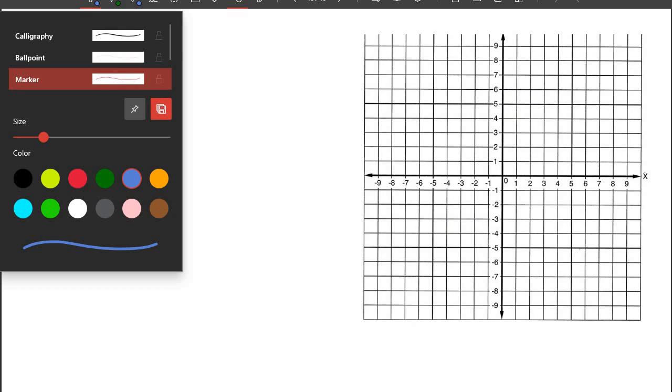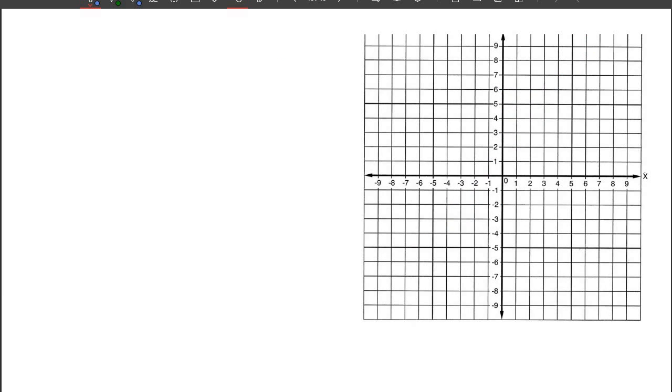Now, let's talk about horizontal and vertical lines. This is a horizontal line. It says locate 5 on the y-axis and draw a line through it. That's all that means.